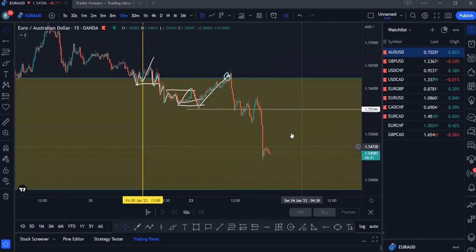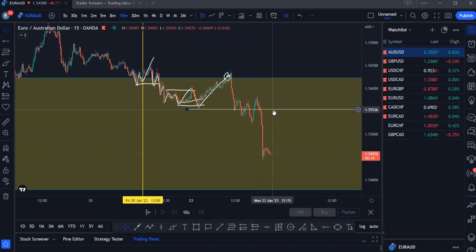Remember, we're trying to buy because price is in a daily and weekly demand, and also in a 4 hour demand zone. This is a 15 minutes chart, and we're also looking for buys. So you want the order flow to shift from bearish to bullish.